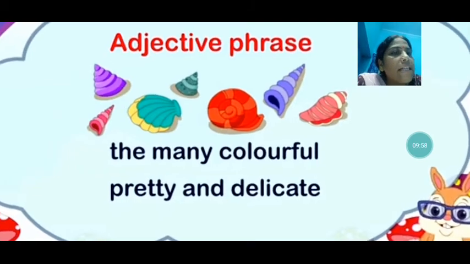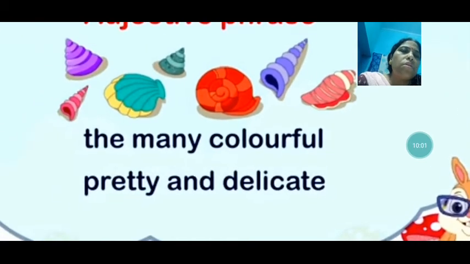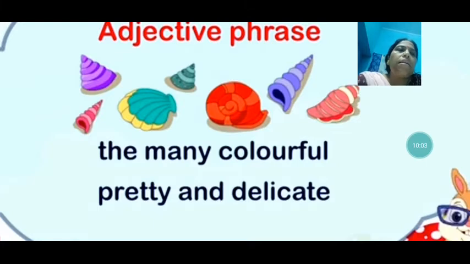Why? Because they are describing, they are telling about the nouns. Like many colorful shells. What are they telling about? They are telling you about the shells, how the shells were. They were very colorful. Then they were pretty and delicate. So pretty and delicate also tell about the shells. And so they are adjective phrases because they describe the shells.